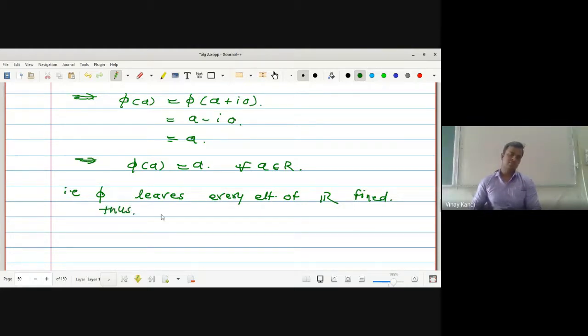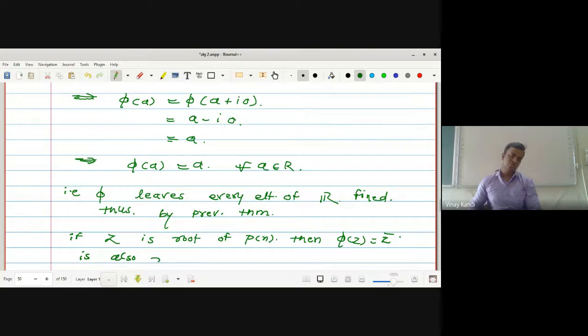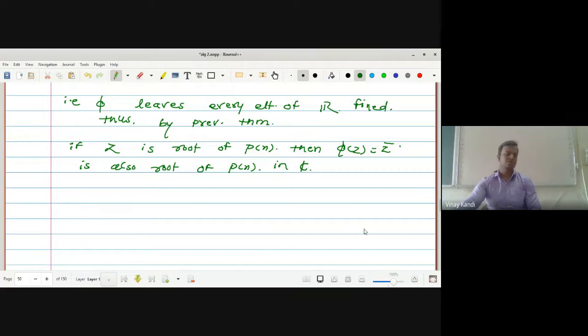Thus by the previous theorem, if z is a root of p of x, then phi of z, which is z bar, is also a root of p of x in the set of complex numbers. Hence this is the proof.